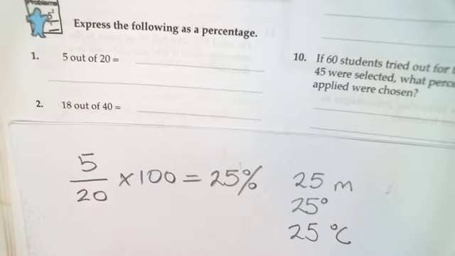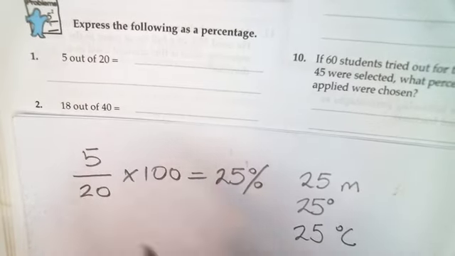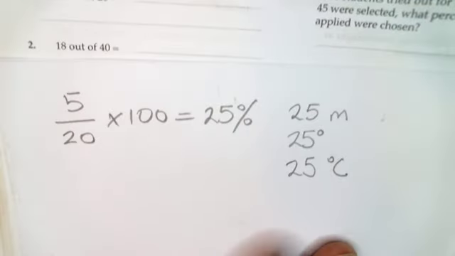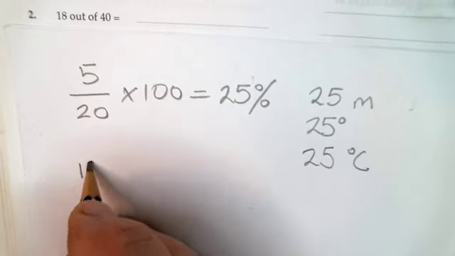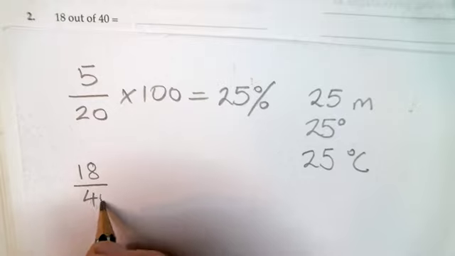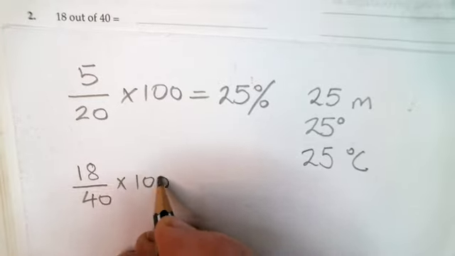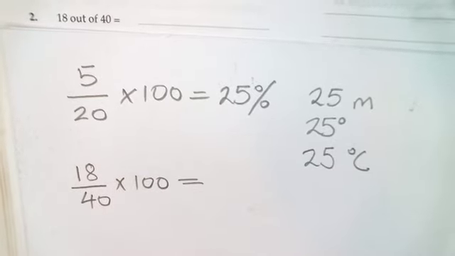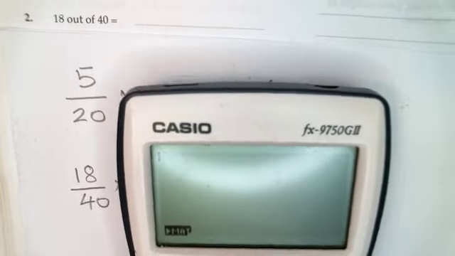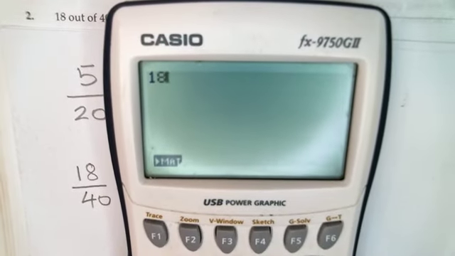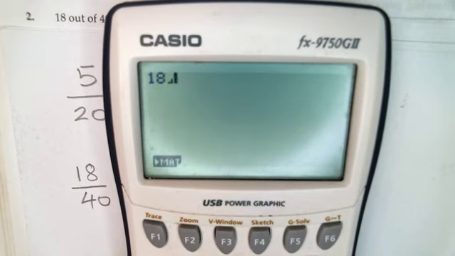Okay, let's have a look at another one. 18 out of 40, number 2. I'm going to multiply it by 100, and that's going to give me the answer as a percentage. This time I'm going to use the fraction key. 18 out of 40, then I'm going to multiply that by 100.